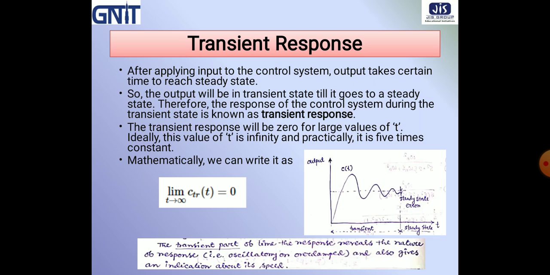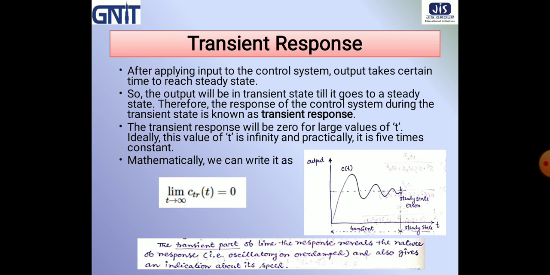So what is transient response? After applying input to the control system, output takes certain time to reach its steady state value. So the output will be in transient state till it goes to a steady state value. Therefore, the response of a control system during the transient state is known as transient response.